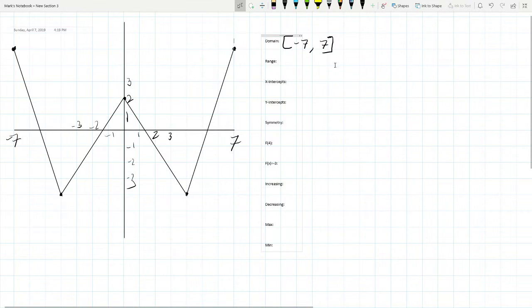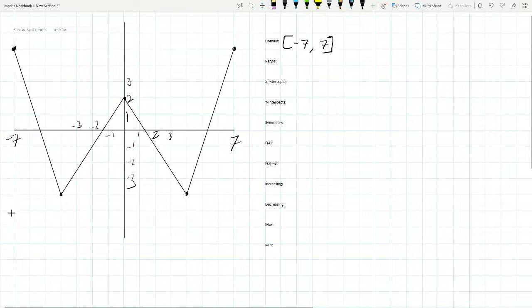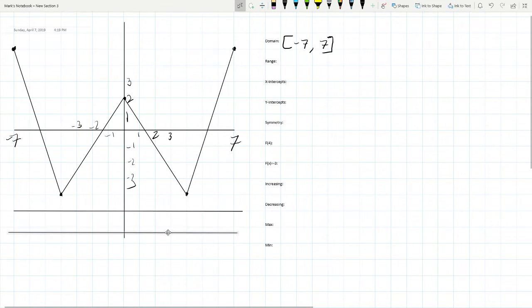Okay, now we're going to go ahead and do the same thing with the range. So let me go ahead and create another line. This time we're just going from the bottom of the graph to the top of the graph. You can see here that we don't yet have any y values that are being hit.